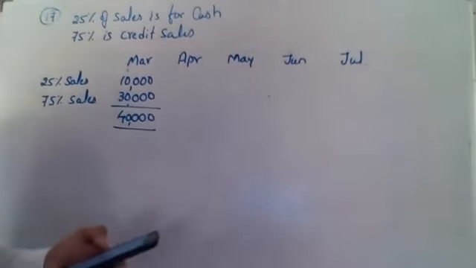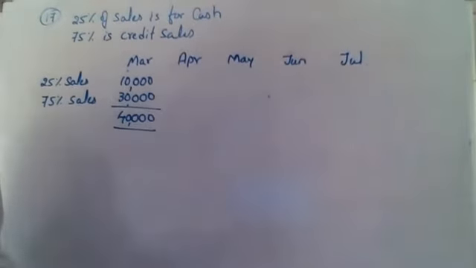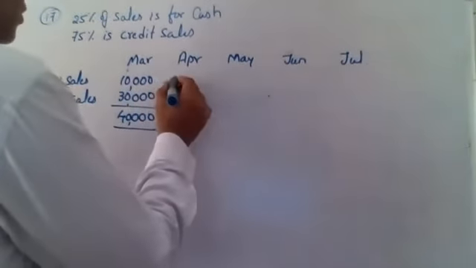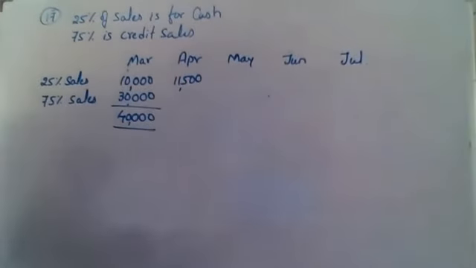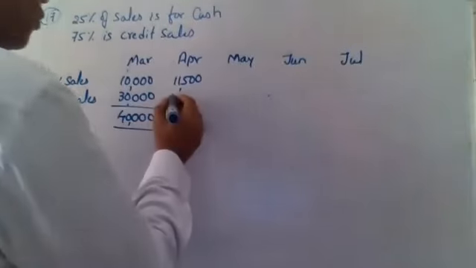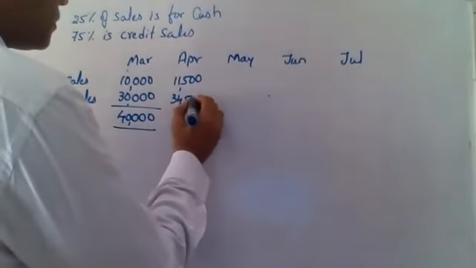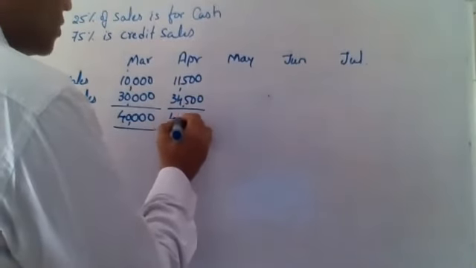You can actually calculate the breakup for each month. April sales are 46,000, so 1/4 is 11,500 and the remaining is 34,500.